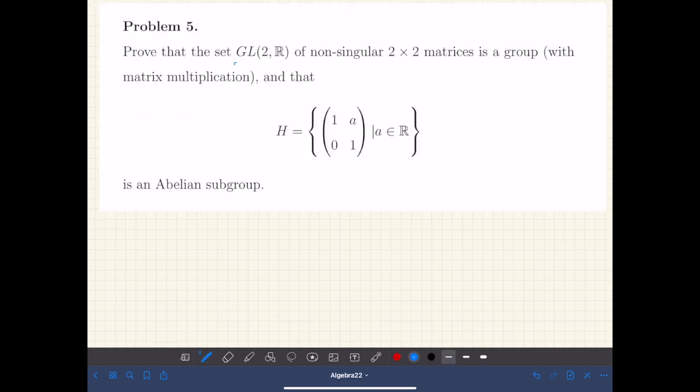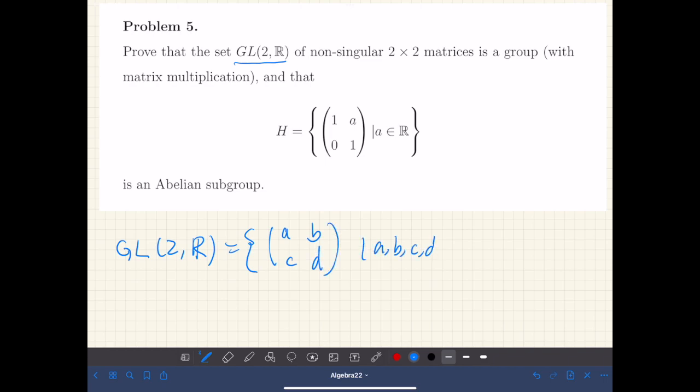Okay, GL2(R) is a set of matrices that can be expressed as a, b, c, d, where a, b, c, d are real and the determinant is non-zero.